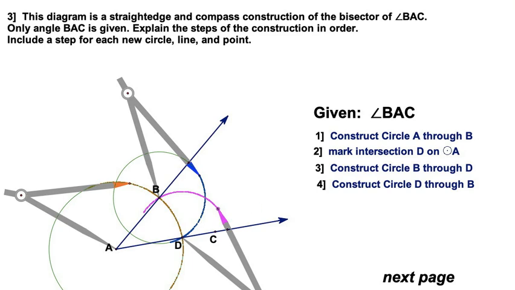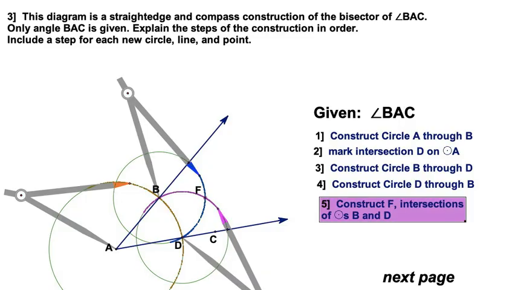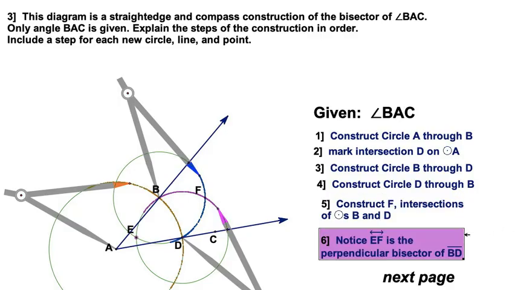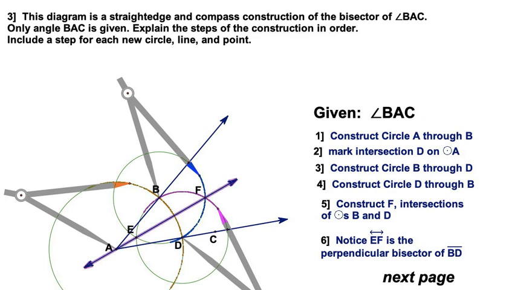I'll put in the complete circle in case you sketch that. Now, I could say construct F, the intersection of the circles. But your textbook likes to point out that this is the same as the perpendicular bisector construction of BD. So that also generates this point here. I'm not a big fan of this, but it is true.